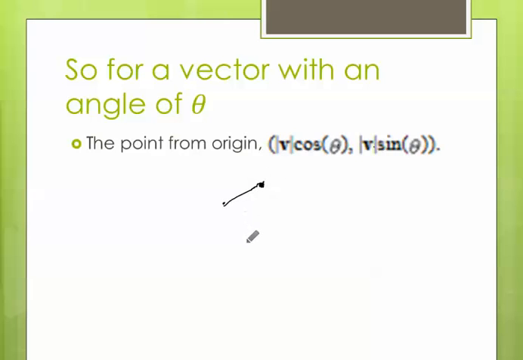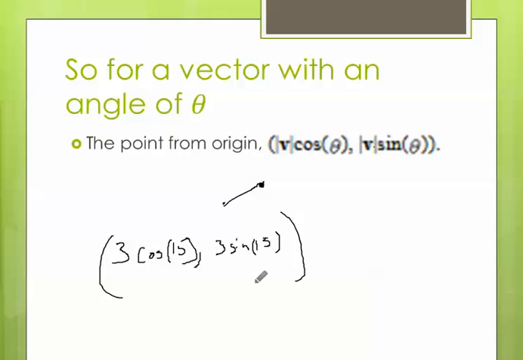So if you're given the fact that it's 3 cosine of 15 degrees and 3 sine of 15 degrees, you should be able to use that information to find the x and the y coordinates for that particular vector. Going from the origin to that point.